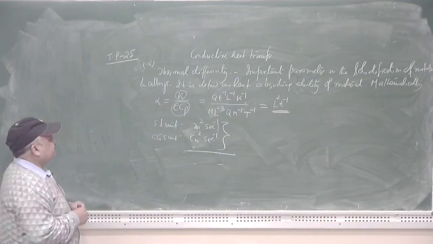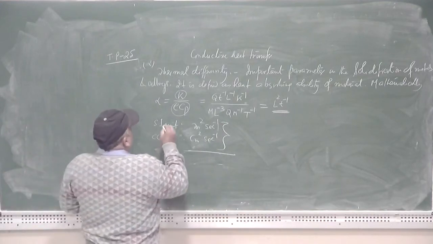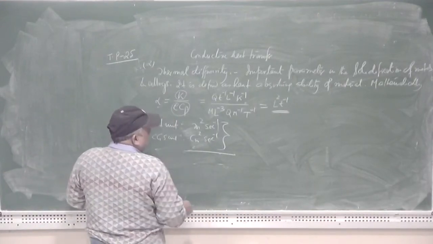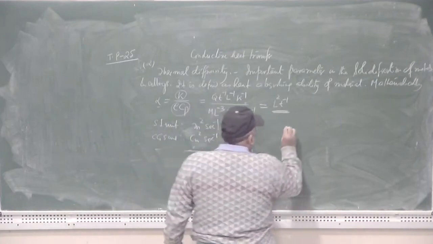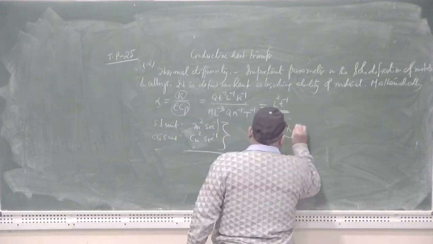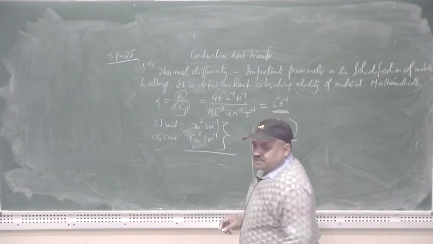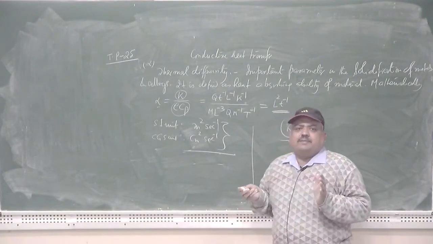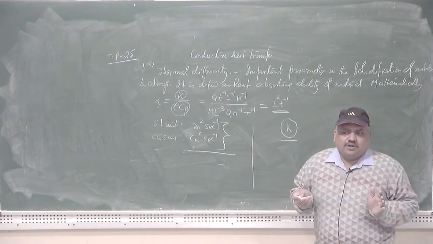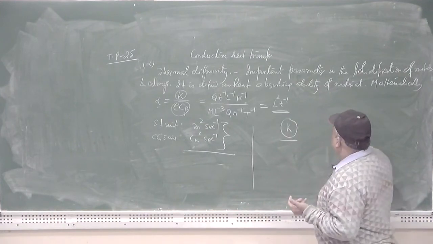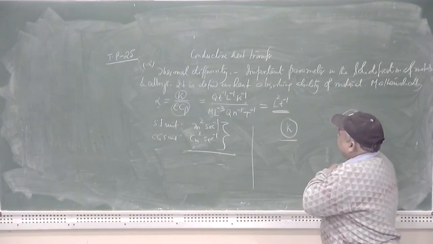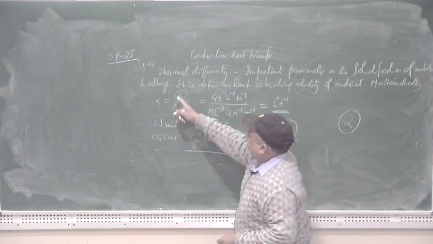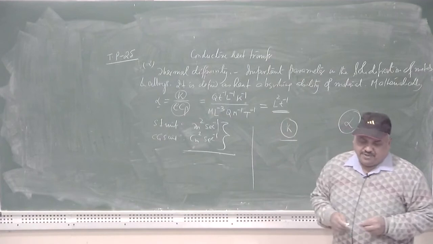So, in a nutshell, you have to determine the value of K. The value of thermal conductivity needs to be known. Once it is known, then from the handbook you can easily calculate the value of alpha by utilizing the equation alpha is equal to K upon rho Cp.